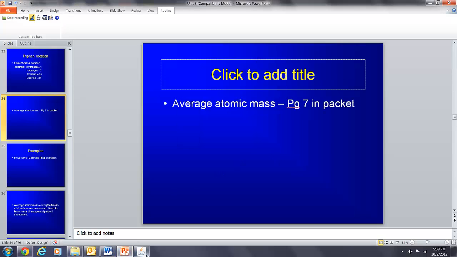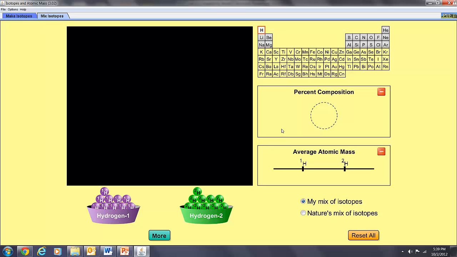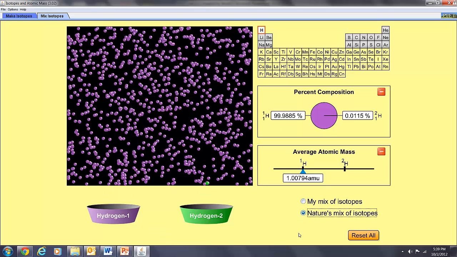The first thing we're going to do is use an animation from the University of Colorado, and look at some different isotopes. Let's look at the true isotopes. This is hydrogen's isotopes.